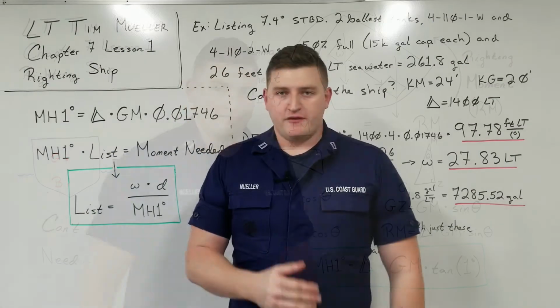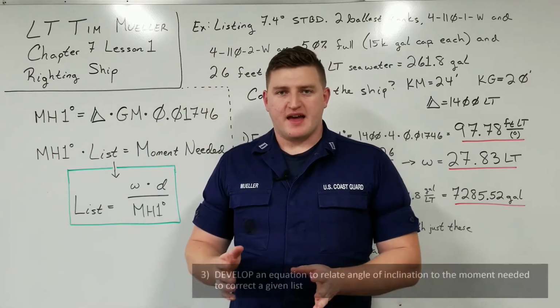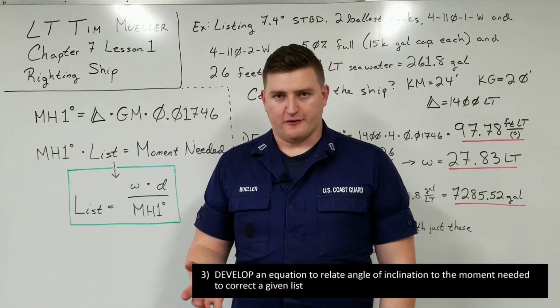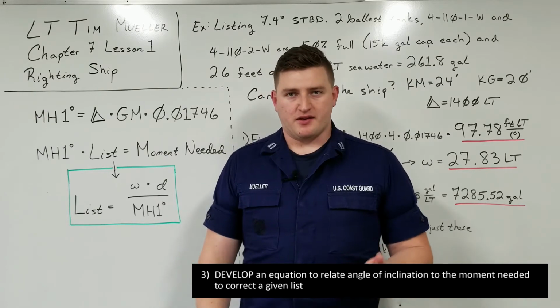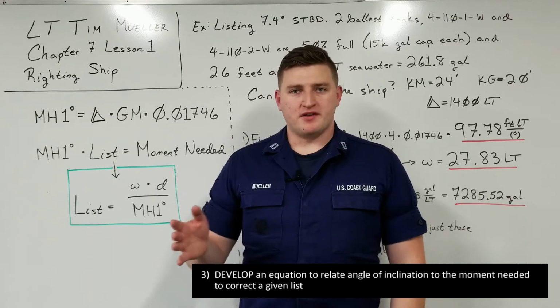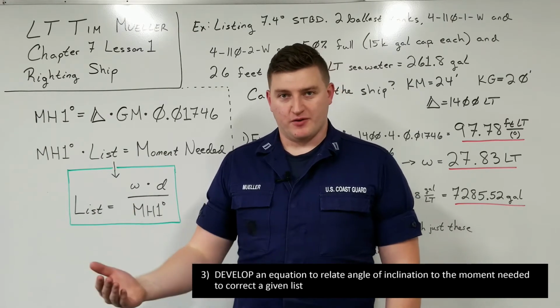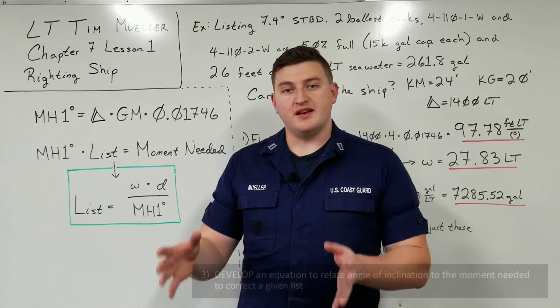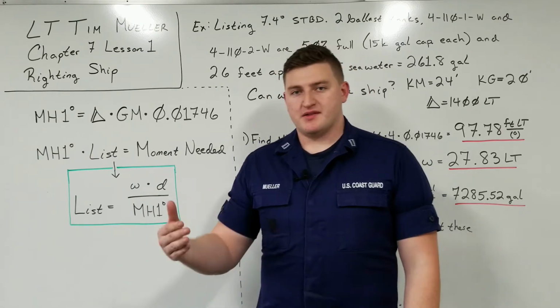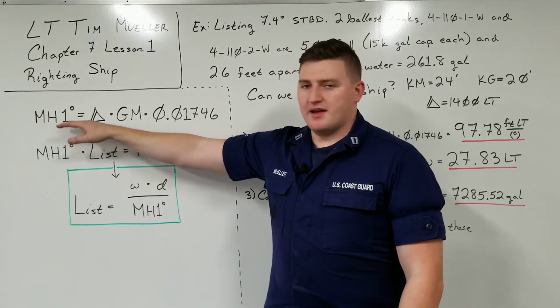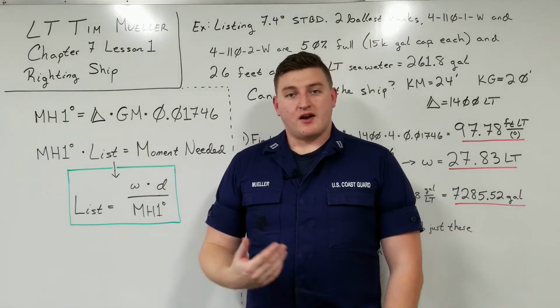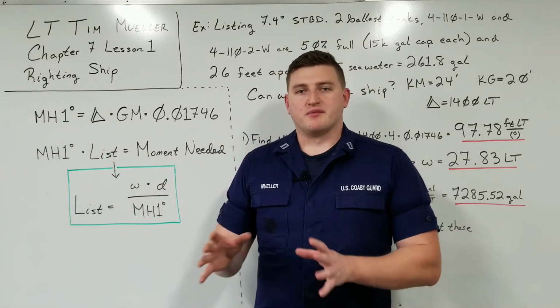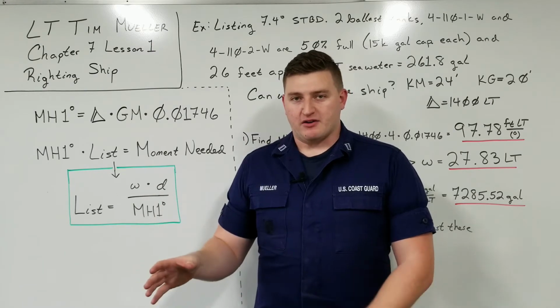Now, if you've watched previous videos, I've mentioned that listing is caused by internal forces on the ship and heeling is caused by external forces. With all this weight shifting, it sounds like we're doing internal force changes, which means that we would be listing. However, I talk about moment to heel 1 degree. And I only use heel just to get rid of some confusion that might happen with other acronyms in this class.